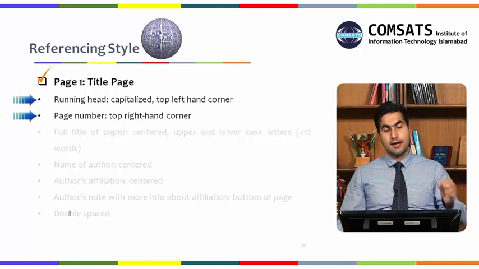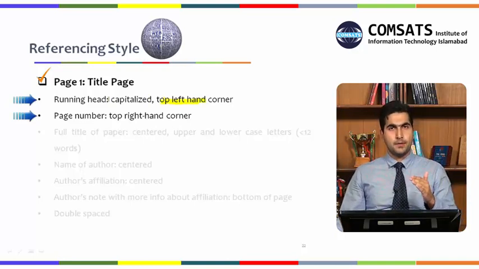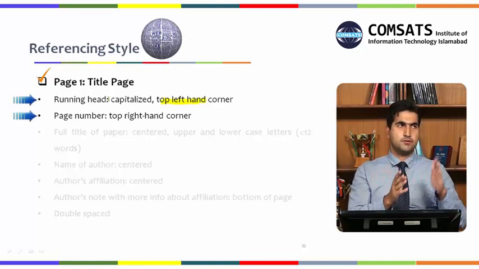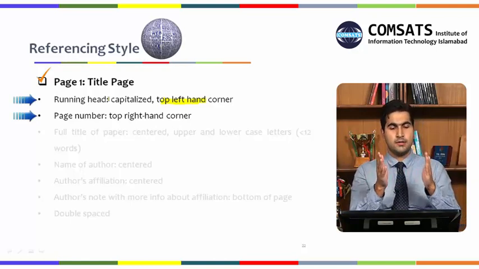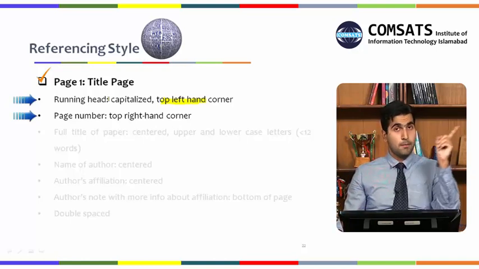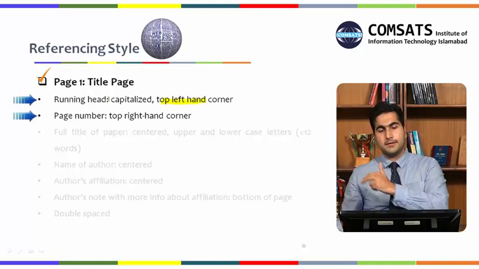You first write running head, then a colon, and then within capitalized version you write the topic itself on the top left, then the page number on the top right hand.